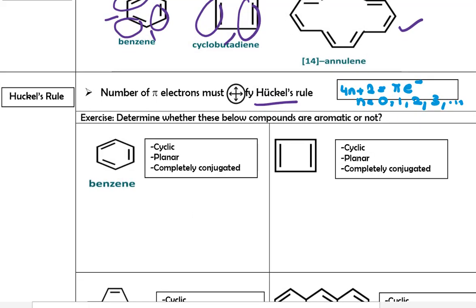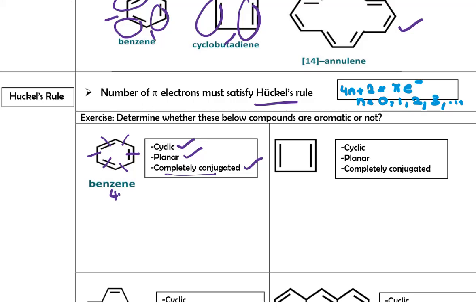Benzene is cyclic, and if it is cyclic, it's planar. Benzene is completely conjugated because single is next to double, single next to double, single next to double. So we need to check whether benzene obeys Huckel's rule.